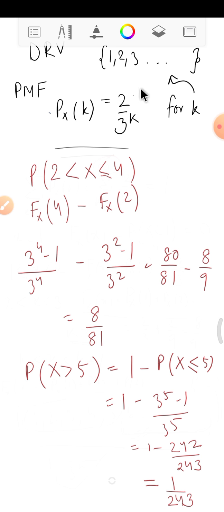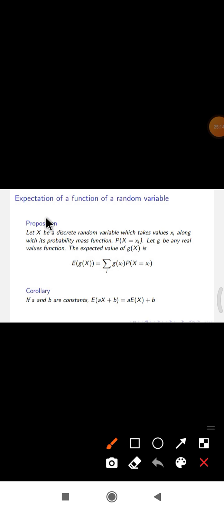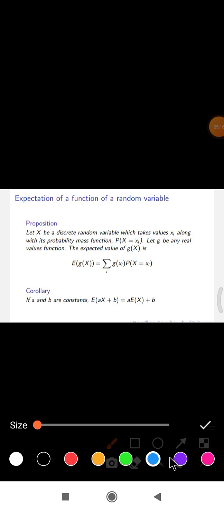Now I'll be proceeding to expectation. This is all for the application of the discrete random variable and the PMF. Now the expectation. By definition, it is kind of the mean of a discrete random variable with respect to its probability.